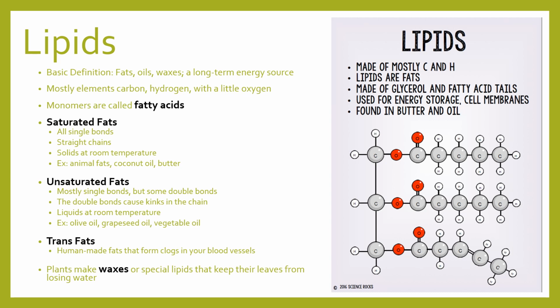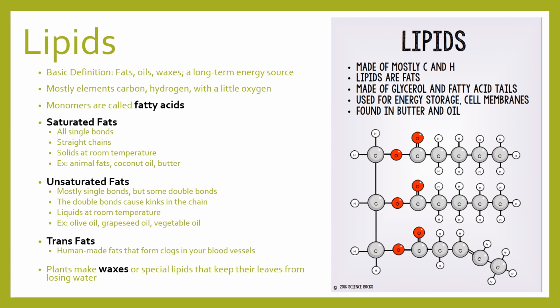And we also use these lipids to create special structures like cell membranes, the part of the cell that's going to surround all of our internal little organelles. So basically, these are fats, oils, and waxes, and they give us a long-term energy storage source. Their monomer, their subunit or their basic unit, is called a fatty acid.